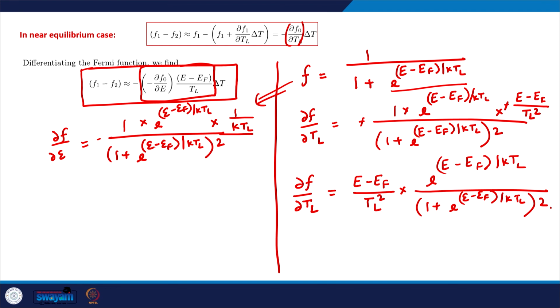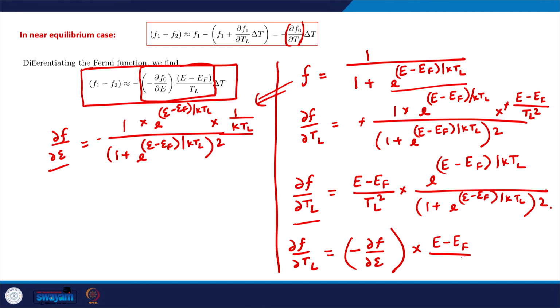So if we compare this and this, we can write del F by del TL is equal to minus del F by del E times E minus EF by TL. Okay.